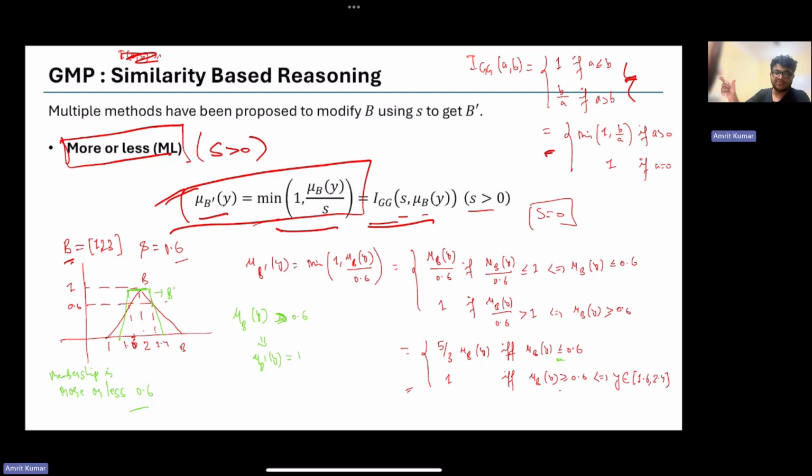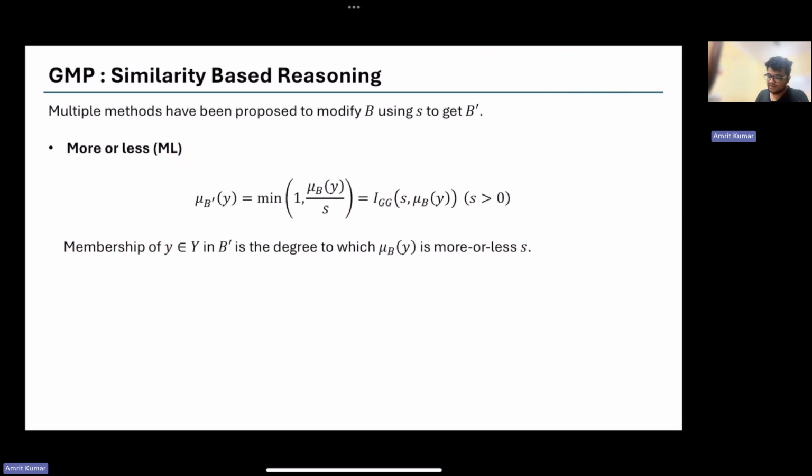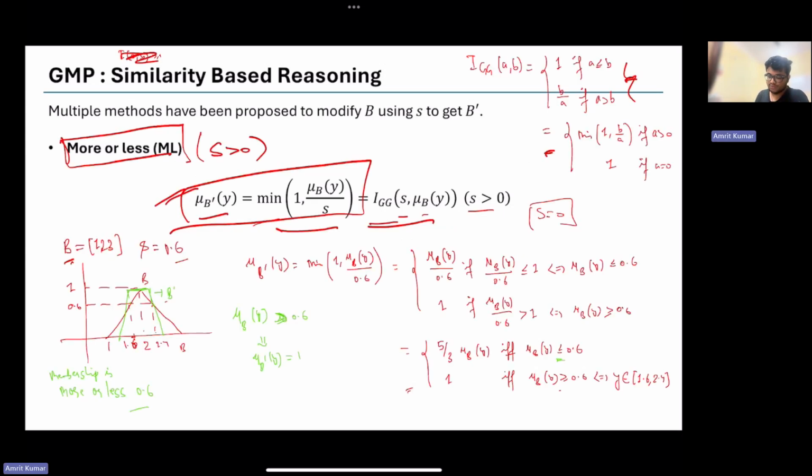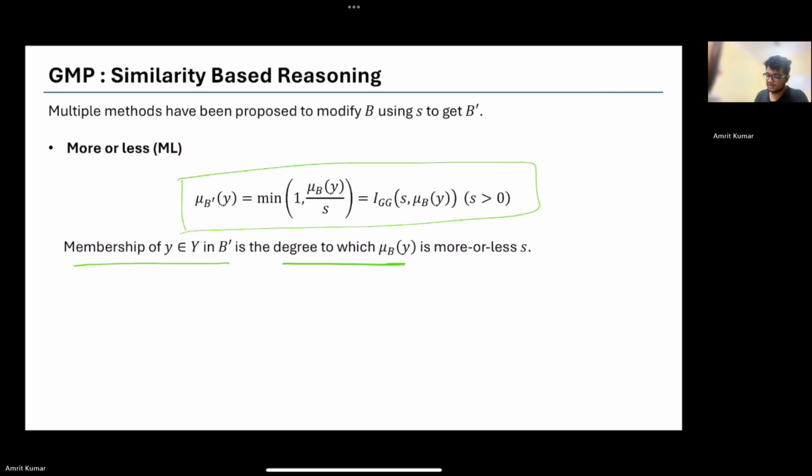So basically it's a high value, right? So in other words, the membership of y in B dash, which is defined by this particular formula, is the degree to which this membership value mu B of y is more or less 0.6, right? So the concept of more or less 0.6, which is a vague concept, is what this formula captures.